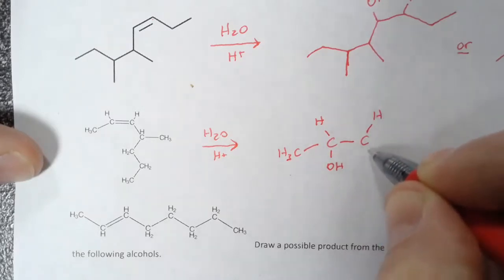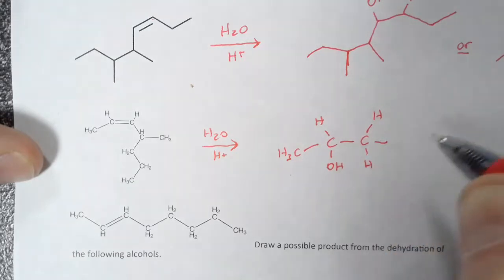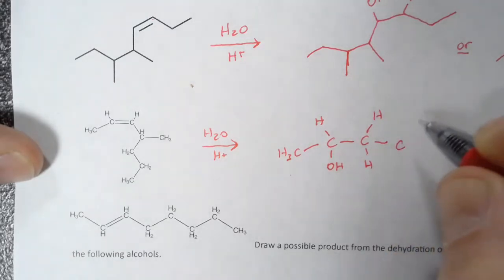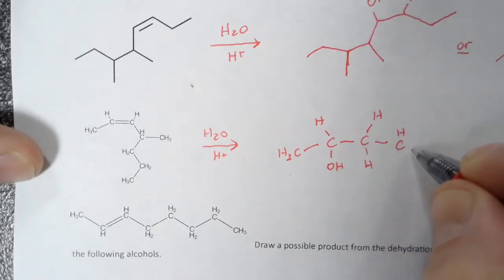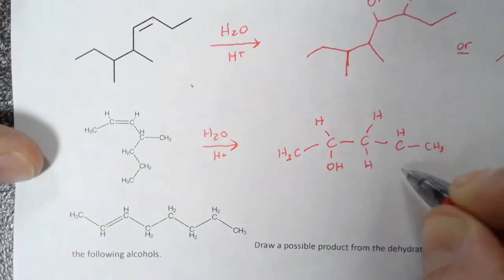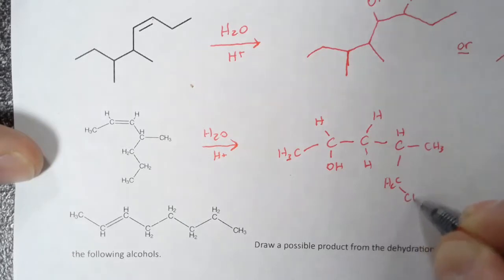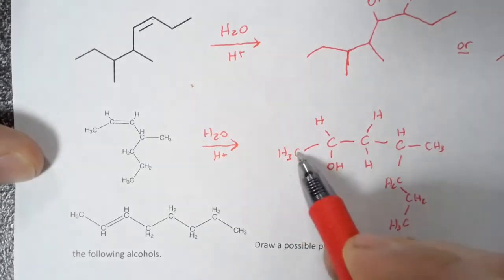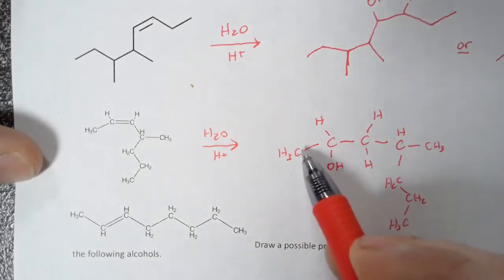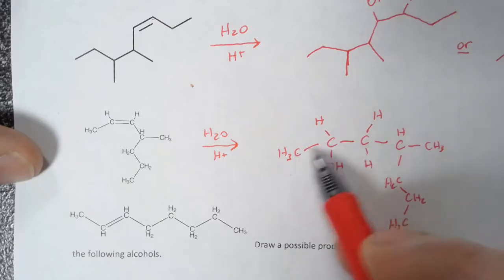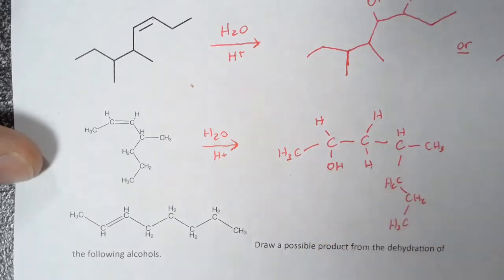And then the other two H's are going to be on the carbon next to it. And then I'll just finish out with the remaining structure. And remember, we could draw the CH3 like this, H3C, to emphasize that the carbons are connected to each other. It's not going through a hydrogen.